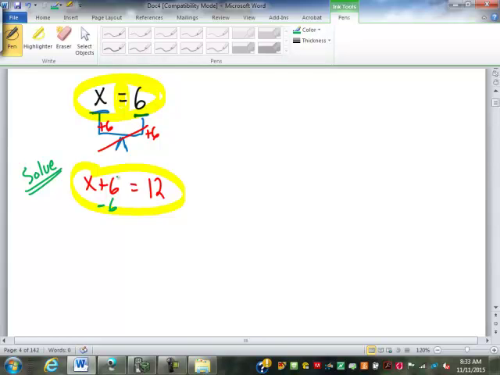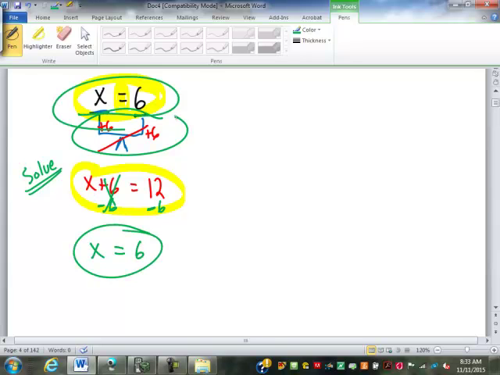If we subtract 6, it takes that off, and it's back to just x. But now, just like up here, if I subtract 6 from one side, the scale is going to tip unless I do the exact same thing to the other side. Subtract 6 from the other side. So 12 minus 6 is 6. So we got back to that original form, x equals 6. We solved the equation.